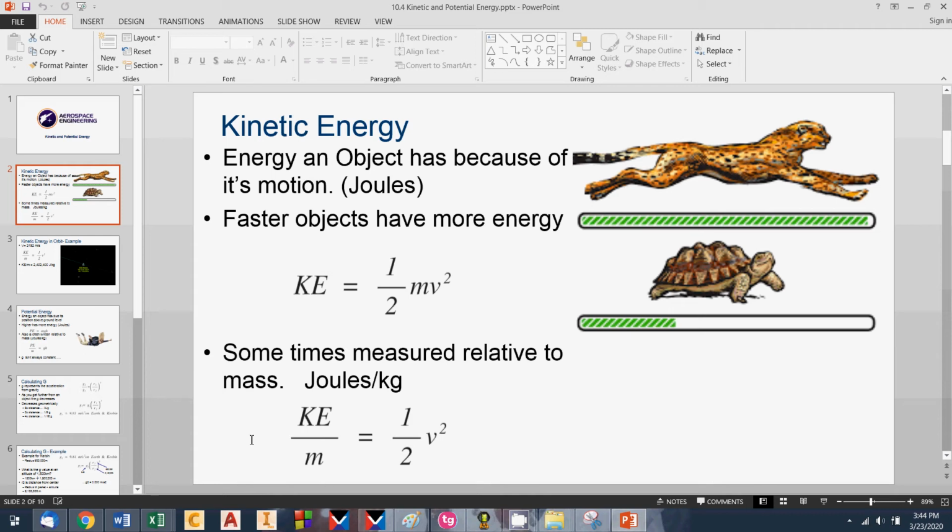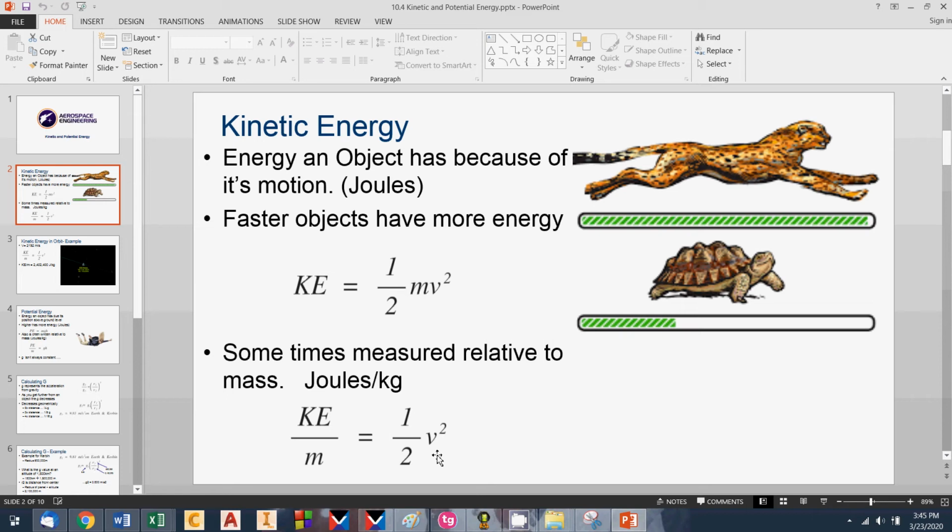Let's say you have a velocity of 4 meters a second. So you'd say 4 squared is 16, 1/2 of that is 8. So we have 8 joules per kilogram of mass. So if I have something that's going those 4 meters per second and it weighs 3 kilograms, it would have 24 joules of energy.